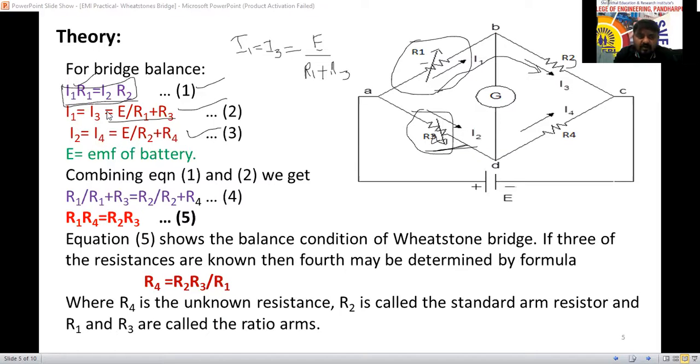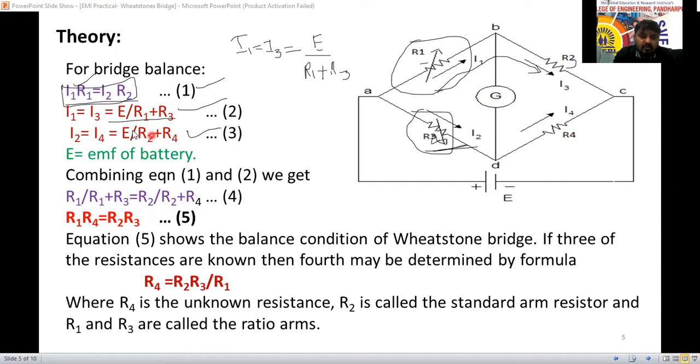In the place of I1, we'll substitute equation number 2. In the place of I2, we'll substitute equation number 3. So combining equations 1, 2 and 3, in the place of I1 we get E R1 by R1 plus R3, which is equal to, in the place of I2, E R2 divided by R2 plus R4.